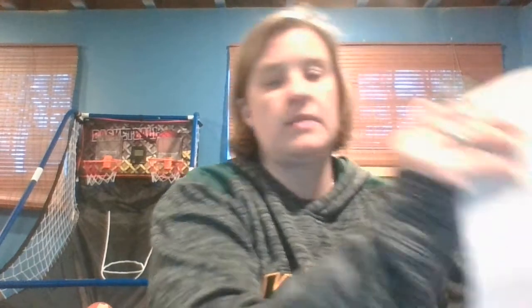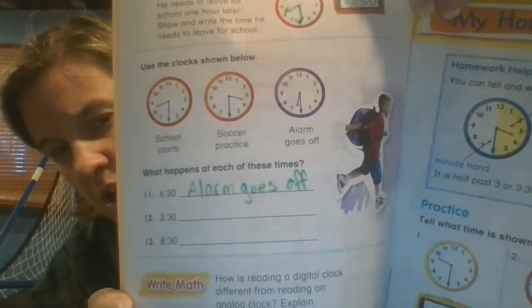Did you figure it out? I hope you said the alarm goes off. So then what you do is you write on the line by number 11, alarm goes off. Okay, so you see I wrote that there, alarm goes off. Now I'm going to let you figure out 12 and 13 at home.